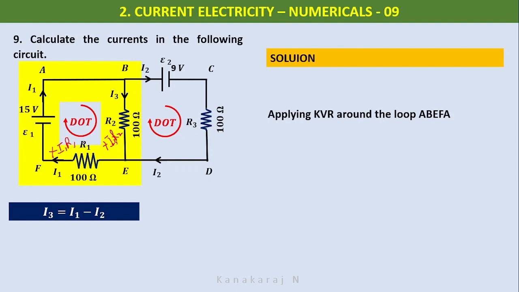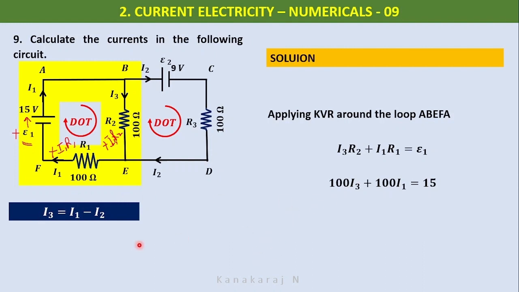Let us find the sign of epsilon 1. The direction of traversal goes from the negative terminal to the positive terminal, so epsilon 1 is positive. Let us write the equation: I3 R2 plus I1 R1 equals epsilon 1. Substituting the values of R2 and R1, we get 100 I3 plus 100 I1 equals 15.